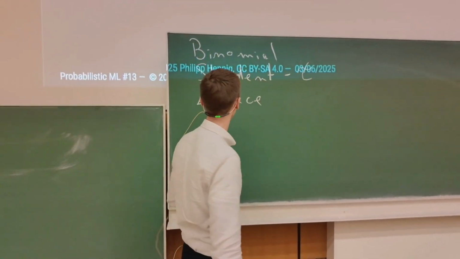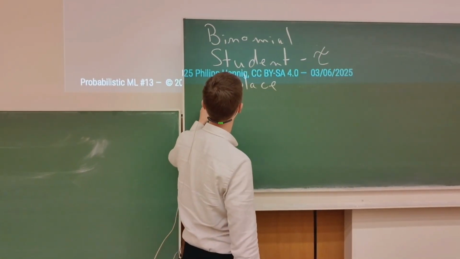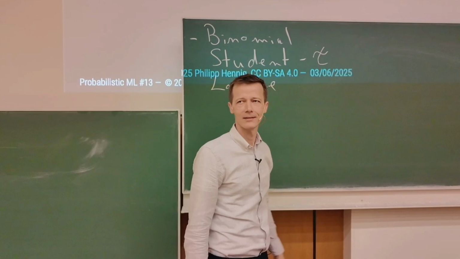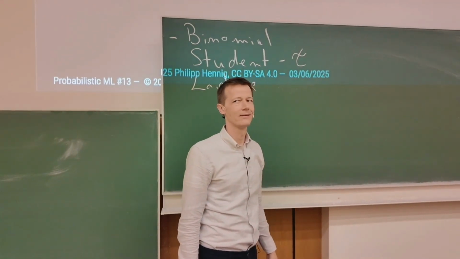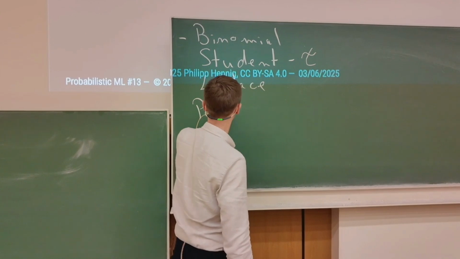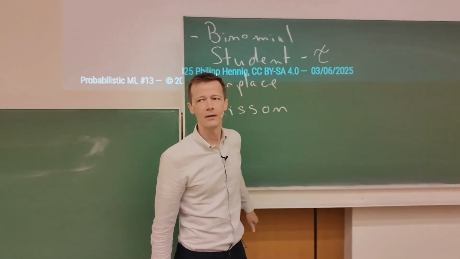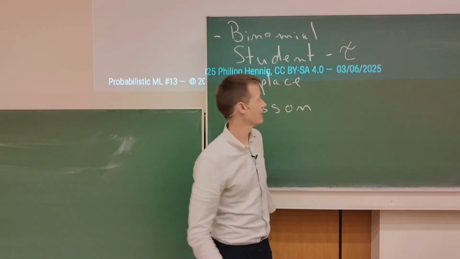A negative binomial. What? A negative binomial? Oh, okay. What else? Poisson. Yeah, I was hoping for that. That's an important one. Underappreciated distribution. The beta.